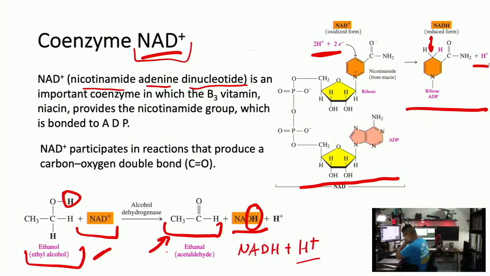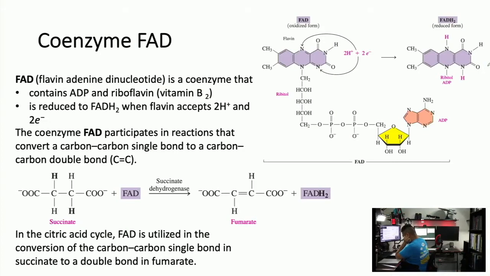We have another coenzyme that's also very important, called FAD. FAD stands for flavin adenine dinucleotide. In a similar fashion, FAD can be used in conjunction with succinate dehydrogenase. By the way, if you ever see an enzyme that has dehydrogenase in it, it's always going to be an oxidation reduction enzyme.